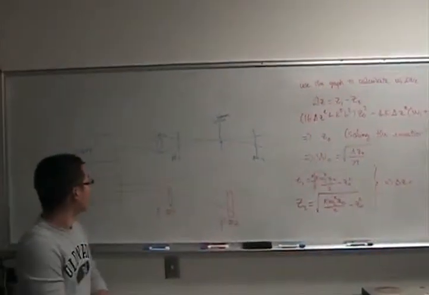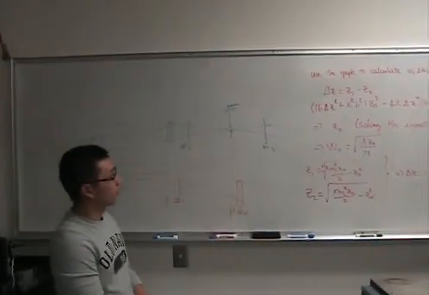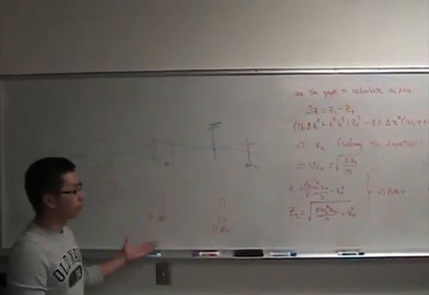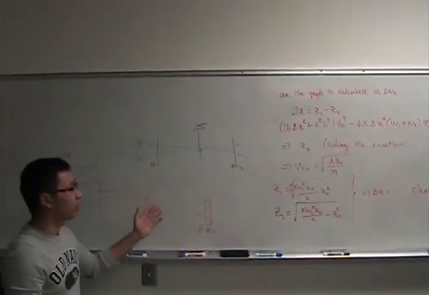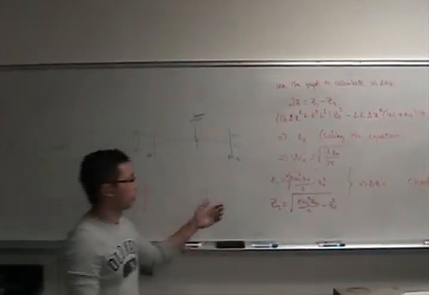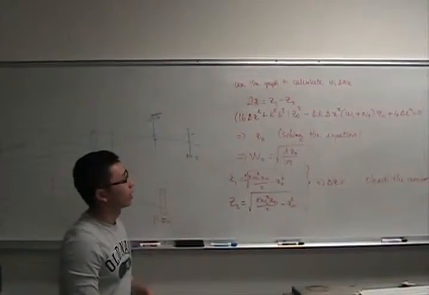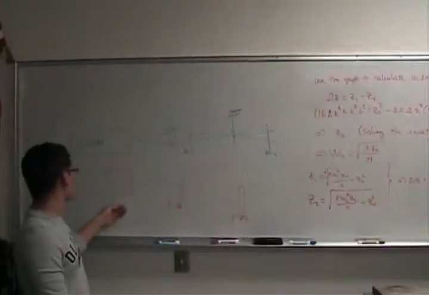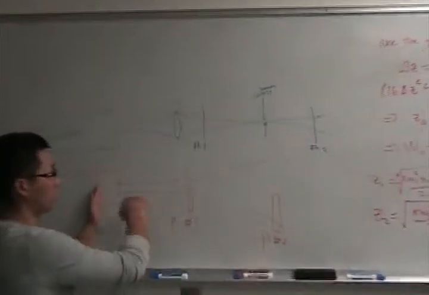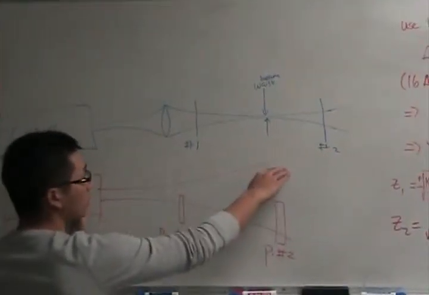This is me again, and I'm going to discuss in more depth why we do this experiment and how we use our data to calculate the beam waist and the Rayleigh range. In this setup layout, we just have a laser beam with a hyperbolic profile.